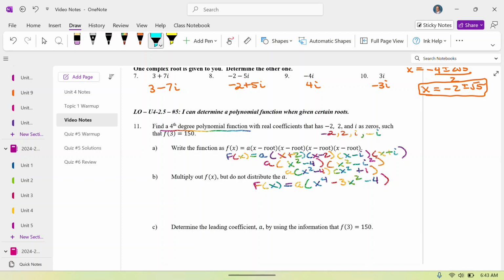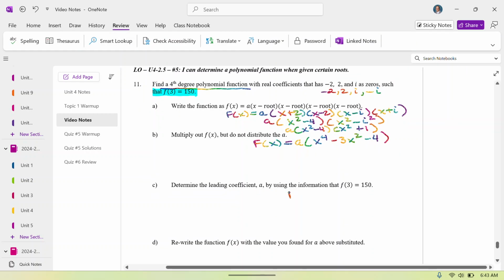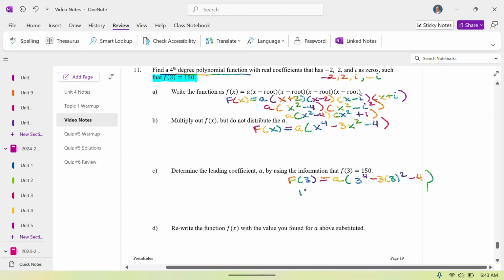And what we use to find the a is the fact that f of 3 is equal to 150. So when we put in the 3 here, so 3 to the 4th minus 3 times 3 squared minus 4, that has to equal 150.